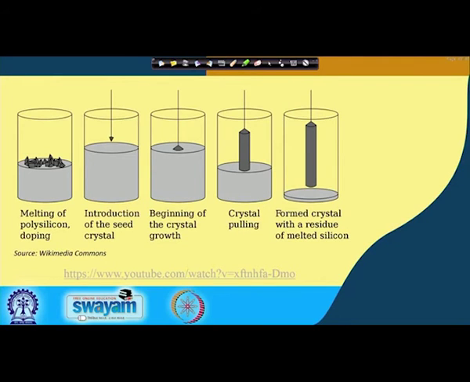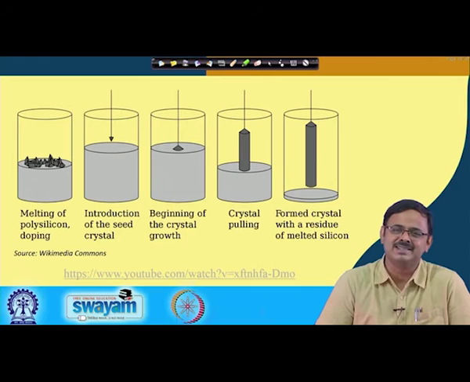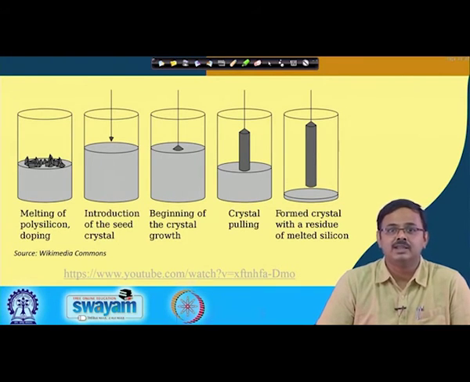Okay, so I believe that was an educational video, and it nicely showed how this Czochralski process of growth of the silicon ingot happens, right? This is very important. When I first learnt about the Czochralski process, the analogy given to me by my teacher still stays with me today.